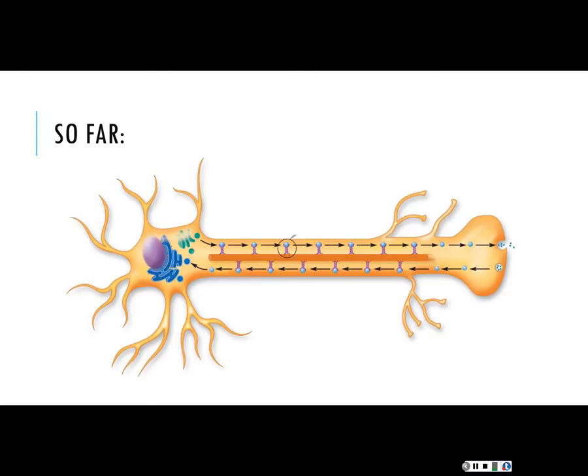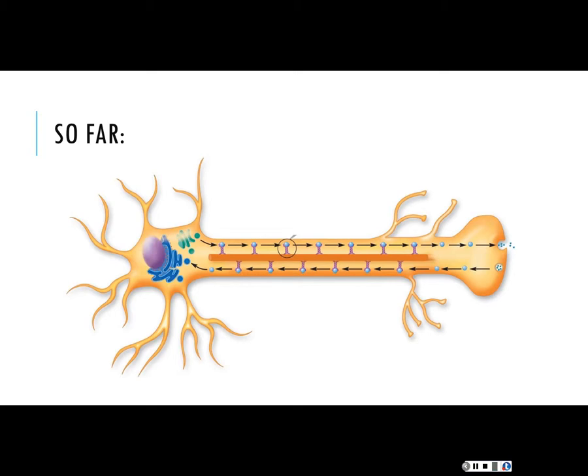So let's put this into perspective. So far, we've been looking at a single cell. A nerve cell receives a stimulus and may generate an action potential. We looked at the basic structural components. But the point of the nerve is not to be inclusive. The point of the nerve is to talk to some other cell, some other nerve cell or some muscle or gland, what we said is an effector, a voluntary or involuntary type of response.